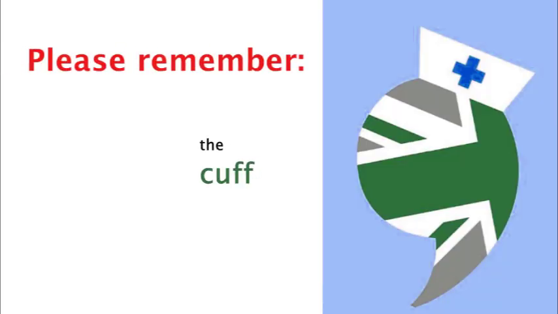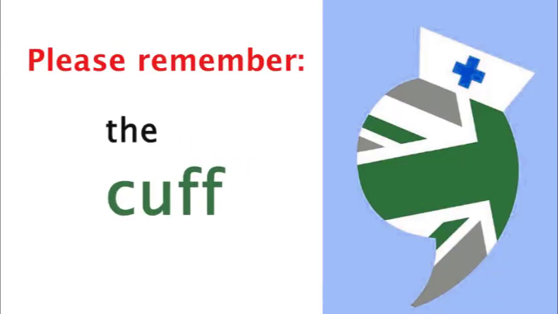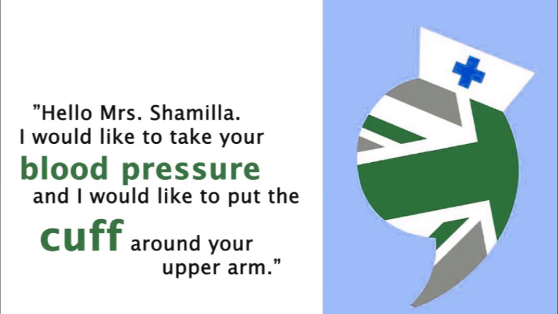Your keyword here is the cuff. Again, an example sentence might be, hello Shamila, I would like to check your blood pressure and I would like to put the cuff around your upper arm.